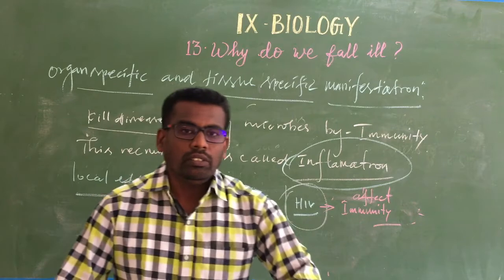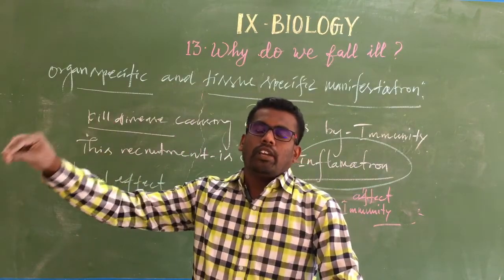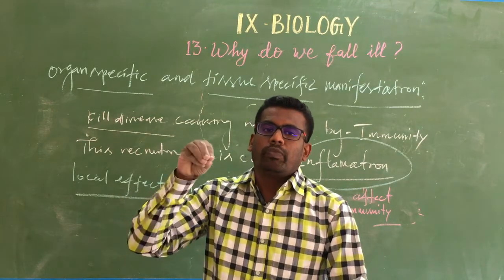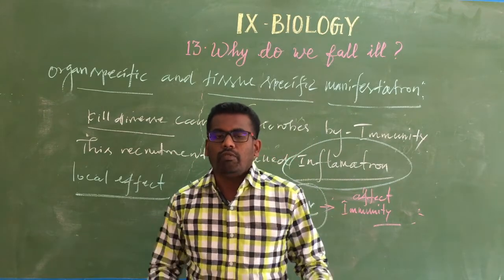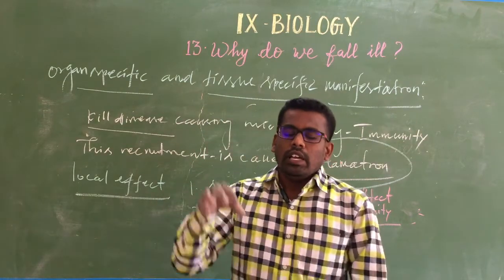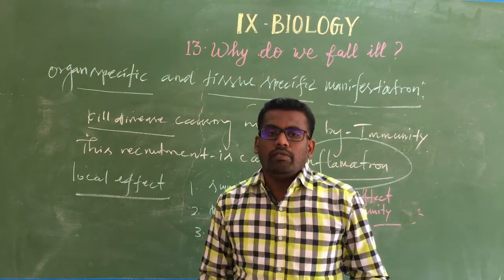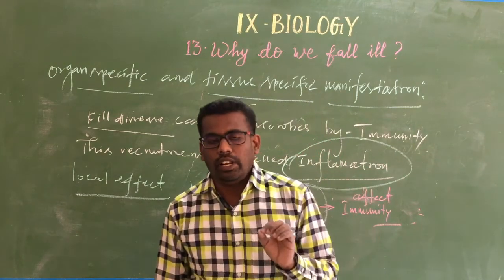After biting the normal healthy person, that microorganism or microbial agent reaches the liver. It will not go directly anywhere else; first it reaches the liver. In the liver itself it multiplies, and again it comes out from the liver and reaches the RBC, red blood corpuscles.